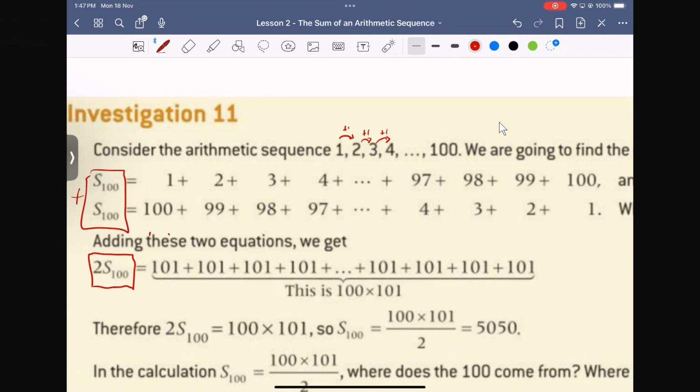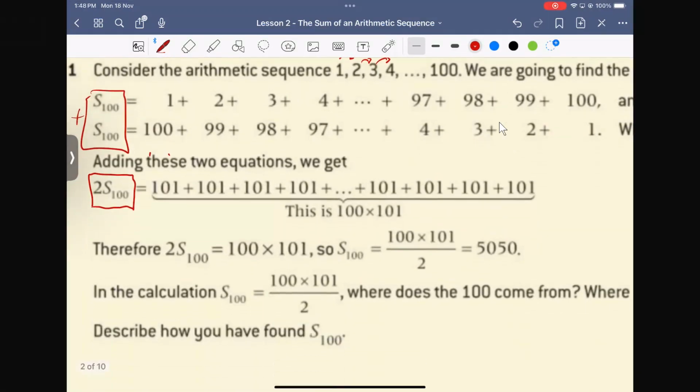So that means that 2 lots of the sum that we're after is equal to 100 times 101. So the sum of 100 terms will be 100 times 101, all divided by 2. We can take this 2 down to the other side through division. And that gives us 5,050.